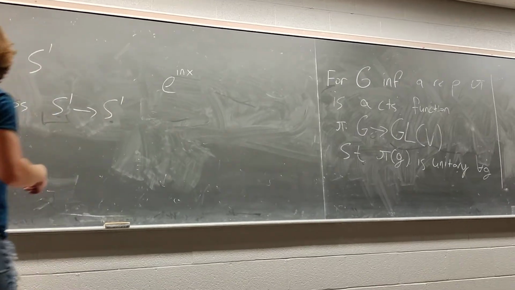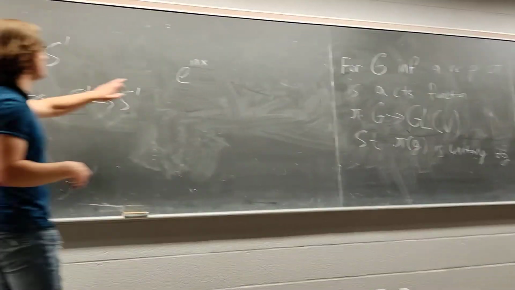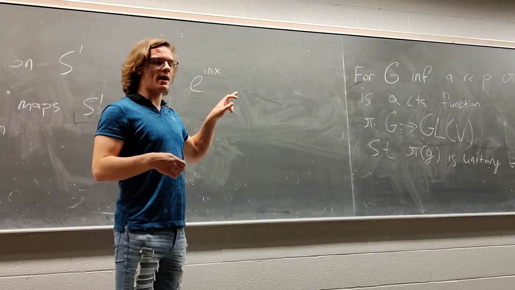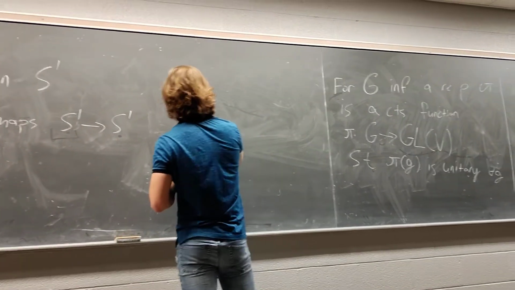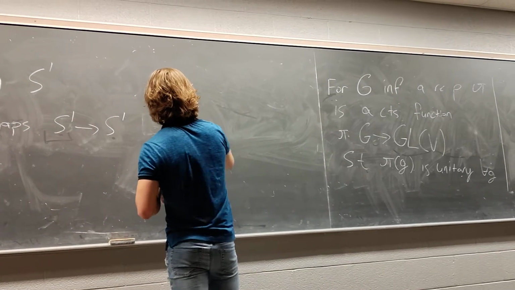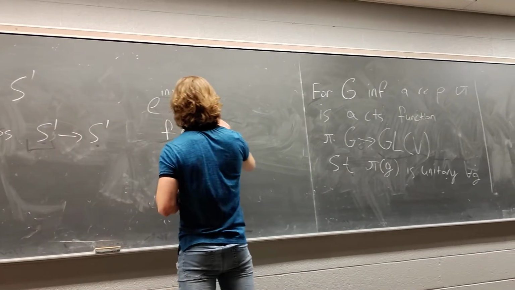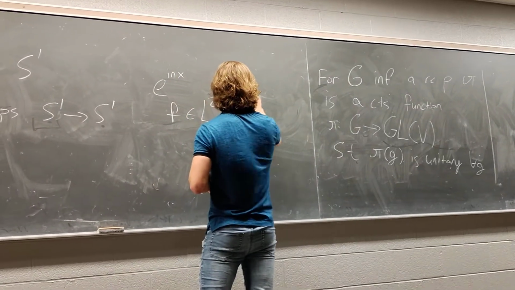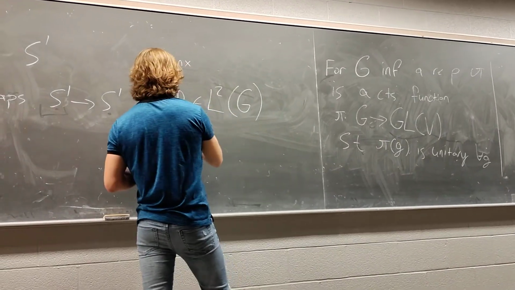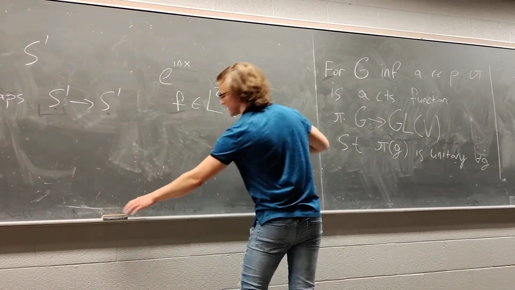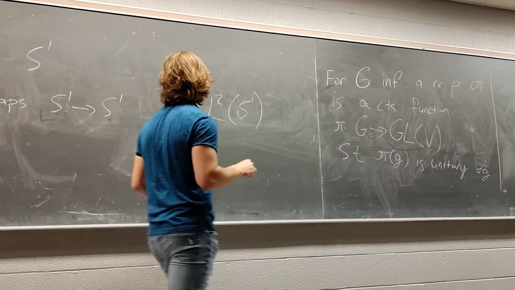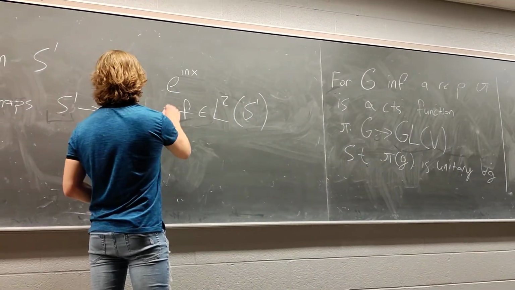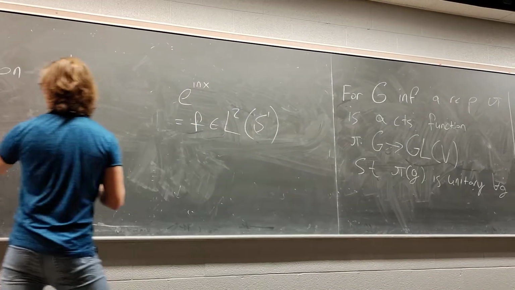So we have the characters on the circle group being these e to the inx's. And what we said was that every function f in L squared of, in this case, S1, our square integrable functions on the circle, is equal to an infinite sum of these characters.